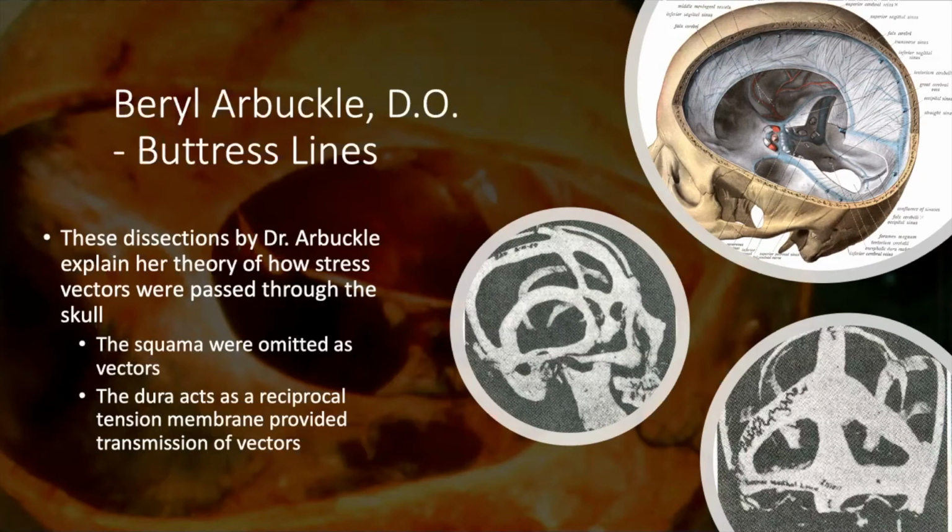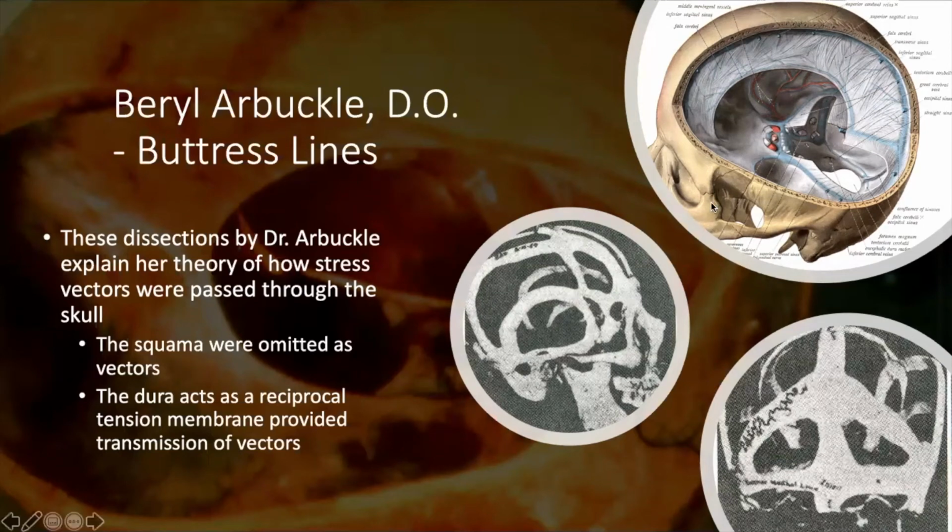So she did various dissections here, dissecting out the squama or the flat portions of the bones. And she theorized that these were the vectors along which the forces were passed. And she was trying to understand what went wrong during various traumatic births that sustained the force on the child.